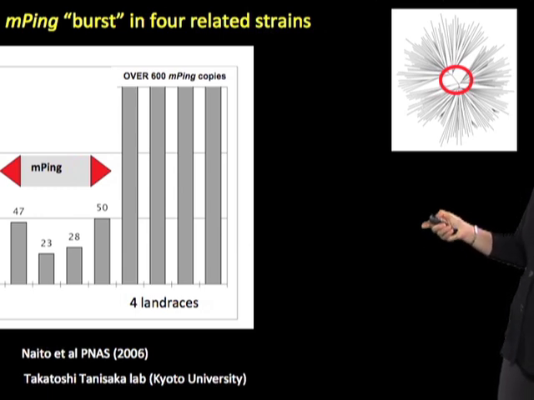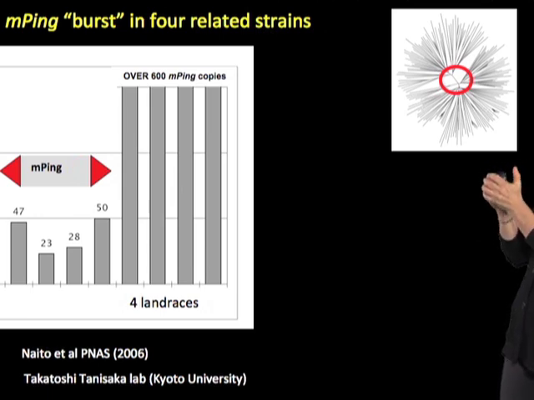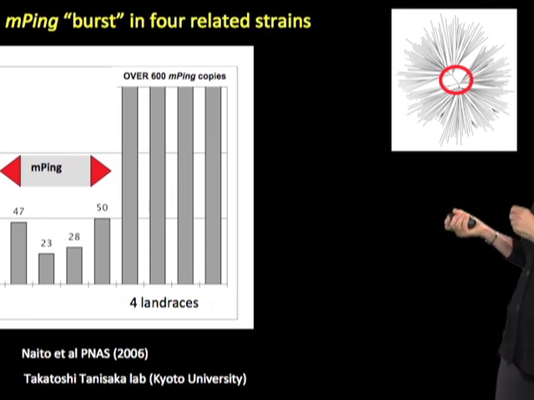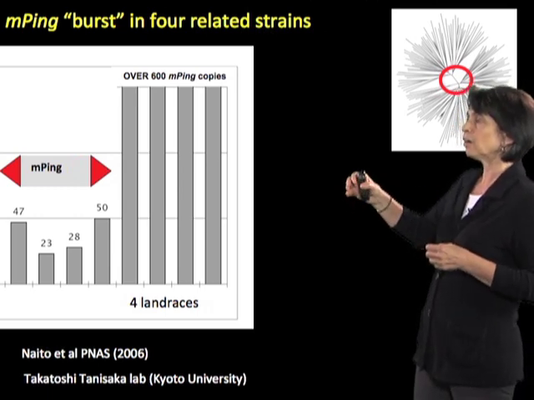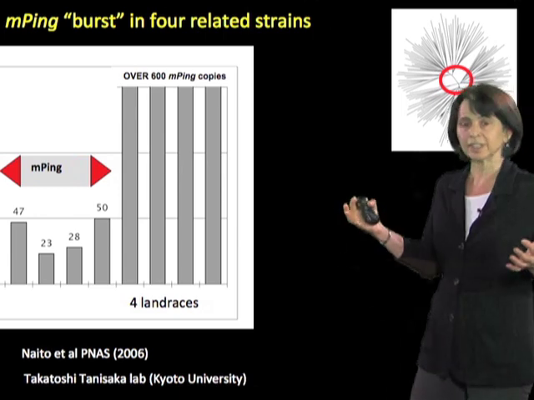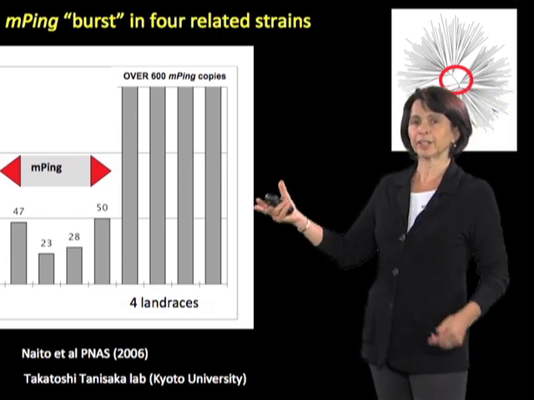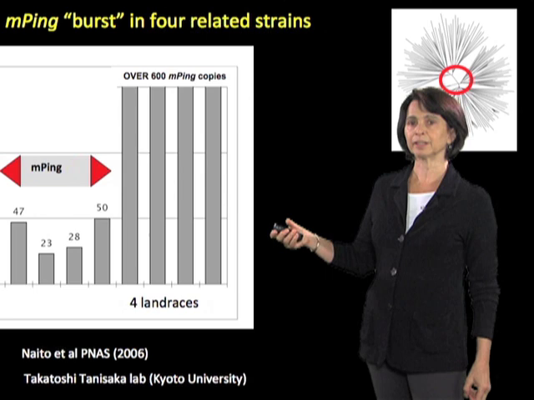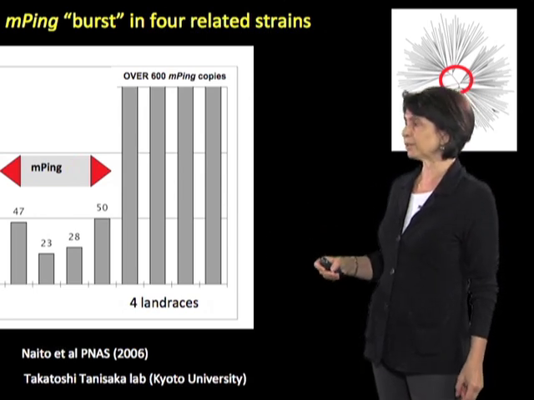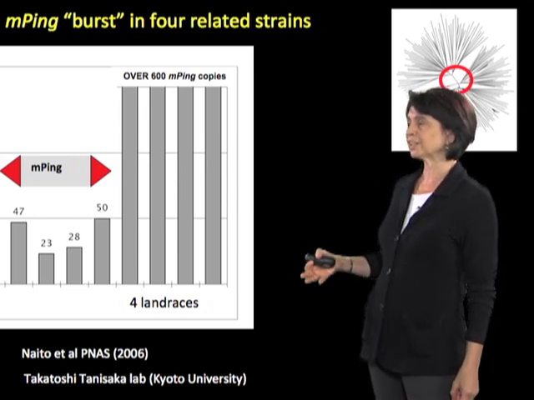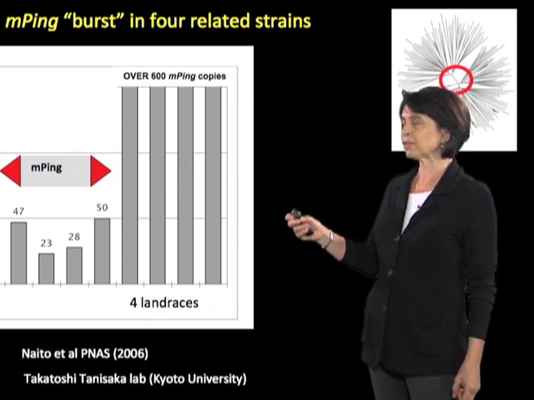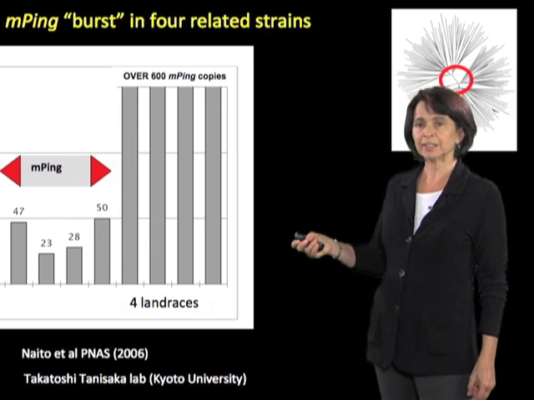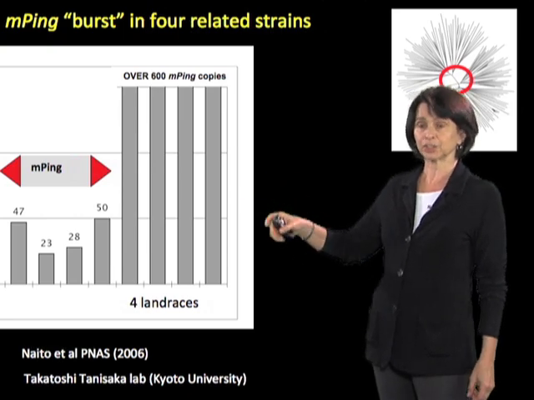So this really said to us that here is an element that is capable and has increased its copy number very, very quickly. But the next question, remember, one of the things we're interested in is how can the element do this? Here were 4 strains where the Emping element had increased tremendously to 600 copies. The question, what I want to show you in the next slide, is just how closely related all of these strains are, how the major difference between these strains is the Emping insertion sites.